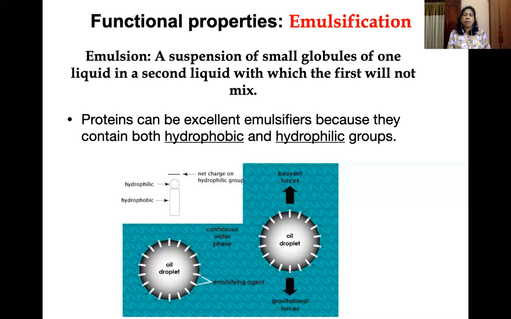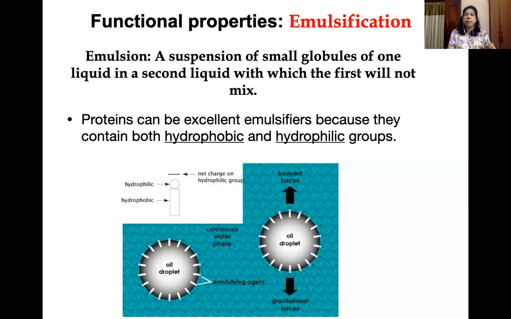When you look at the picture, you can see the hydrophilic head and the hydrophobic tail in a protein. The hydrophilic area has a net negative charge on the hydrophilic group.